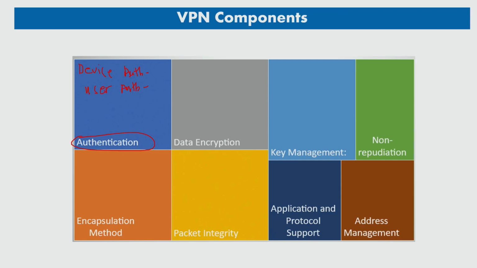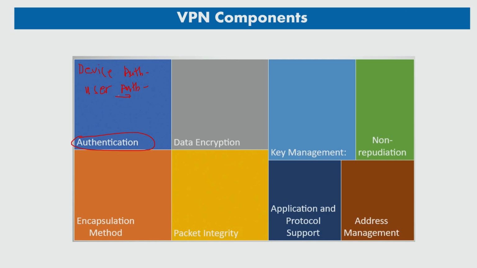Now, let's talk about user authentication. Many VPN implementations will add an extra layer of authentication called user authentication to check whether a VPN connection is allowed by a user on a specific device. This is commonly used in VPNs for remote access.